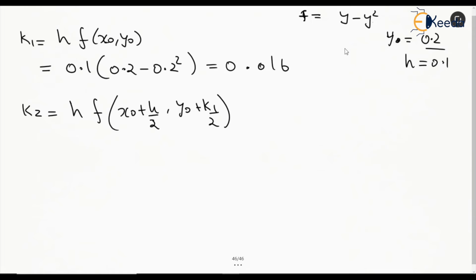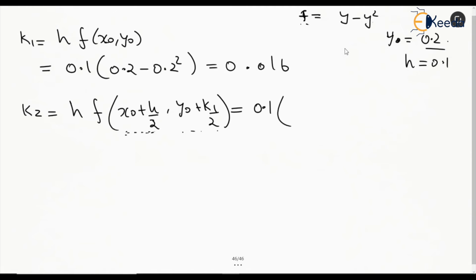So we can clearly see that this function has only y variables. It has no x variables. That means whatever value we are going to put here, it won't change the values. We are only depending on this y or y naught plus k1 by 2 or whatever values we are coming for y. So this is going to be 0.1. So what is this function? Let's see. This is 0.2 plus 0.016 by 2.